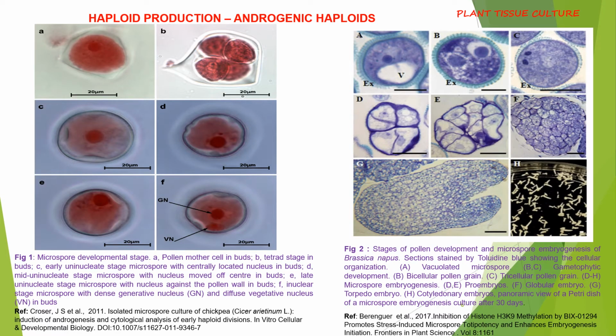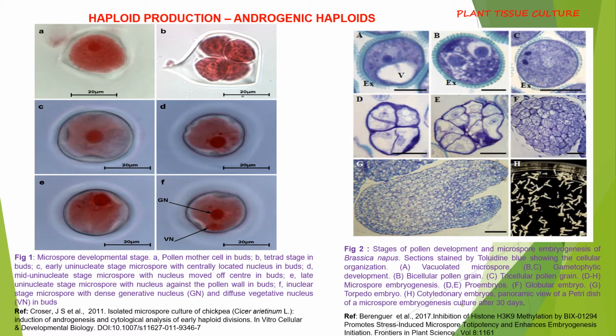Figure 1 shows the developmental stages of a microspore. The uninucleate stage, figure C, is the best suited stage to induce androgenesis by giving external stimuli. The uninucleate cell undergoes asymmetric division to form a generative cell and a vegetative cell.